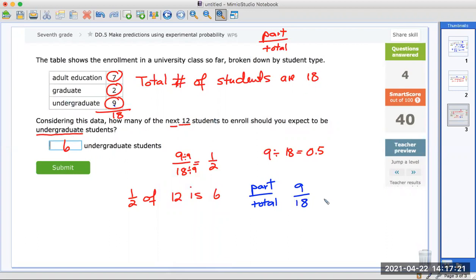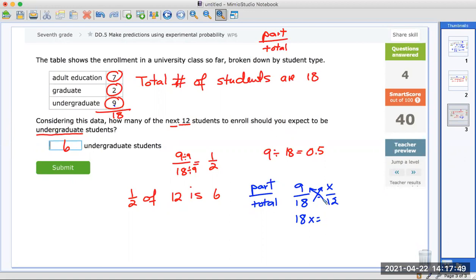Out of 18 is equal to the how many out of 12. And we're going to replace that how many with an X. That's a variable, so that means number of students, and we do the cross product. 18 times X is simply 18X. 9 times 12 is, I believe, 108.